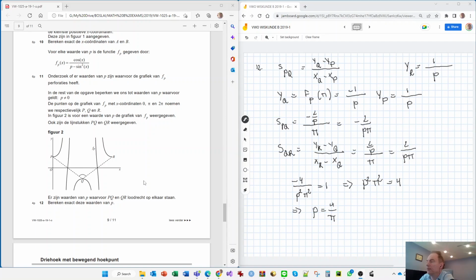Okay, so basic stuff here. Let's just write it out. I'll get p squared equals 4 over pi squared.